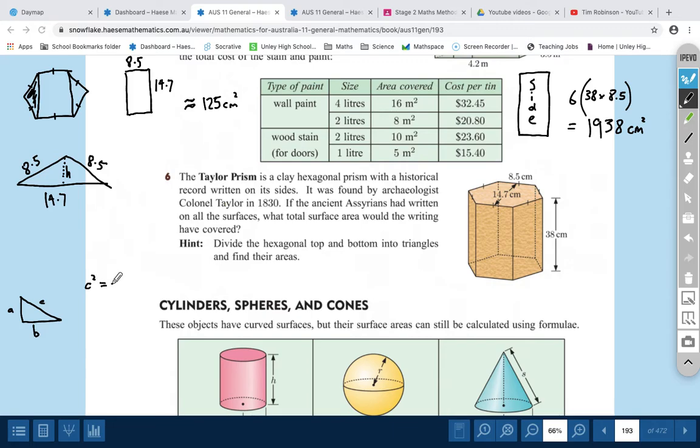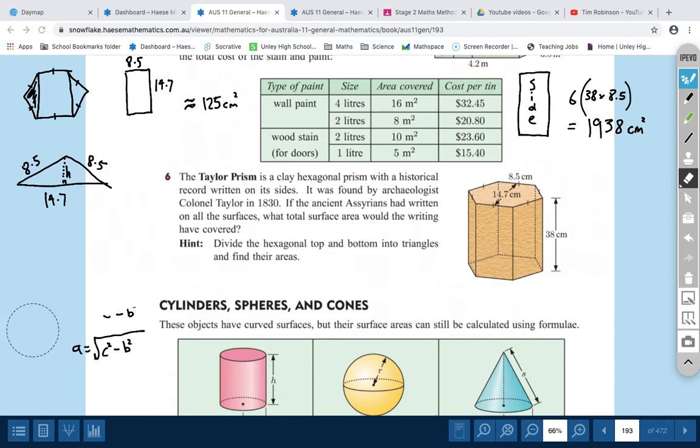Well, if C squared is A squared plus B squared, this is the Pythagorean theorem. If I wanted to work out a short side, like this height, it's a short side of this right-angled triangle. Draw a little right angle in. I'd have to rearrange the formula and subtract away from the long side. Or I could say this and square root right from the start, like so.